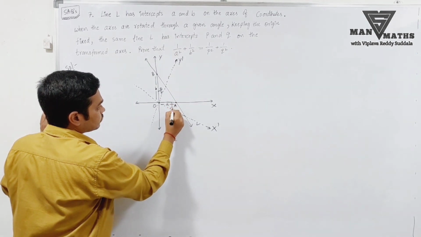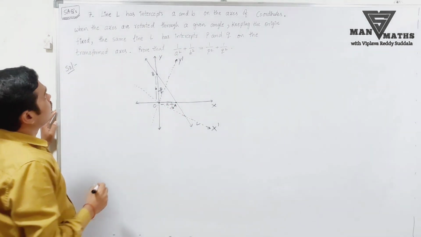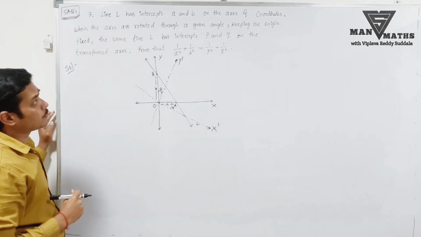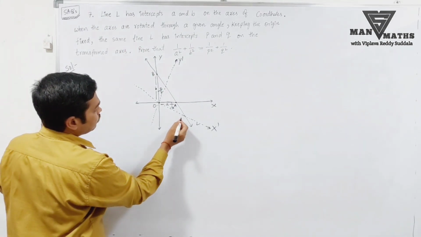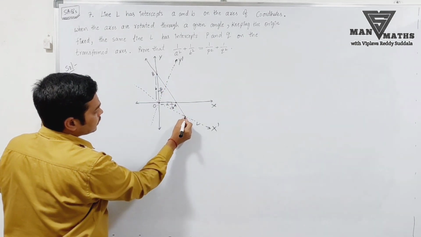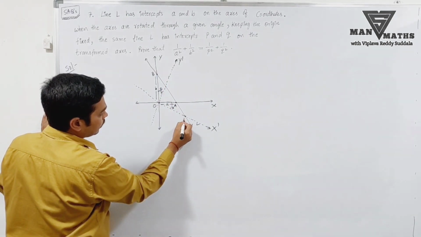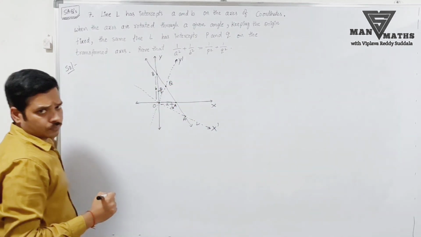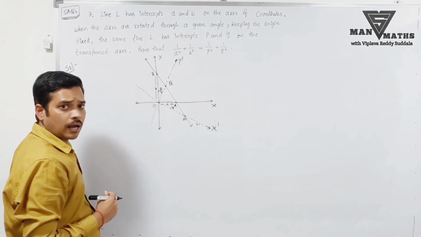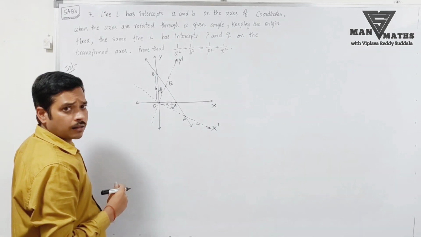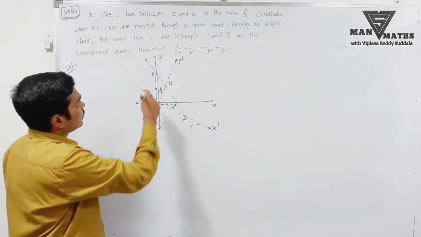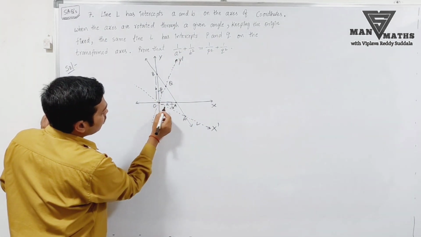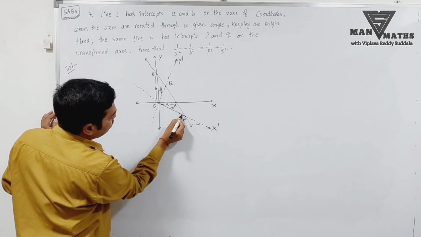Now, from the given data, after rotation the same line L has intercepts P and Q. That means the same line L meets the new x-axis at capital P and the new y-axis at capital Q. In that case, what are the intercepts here? P and Q. The distance from O to P is nothing but the new x-intercept.